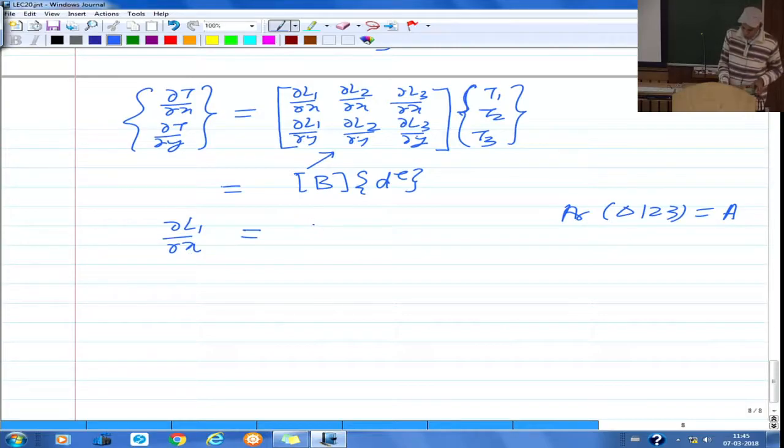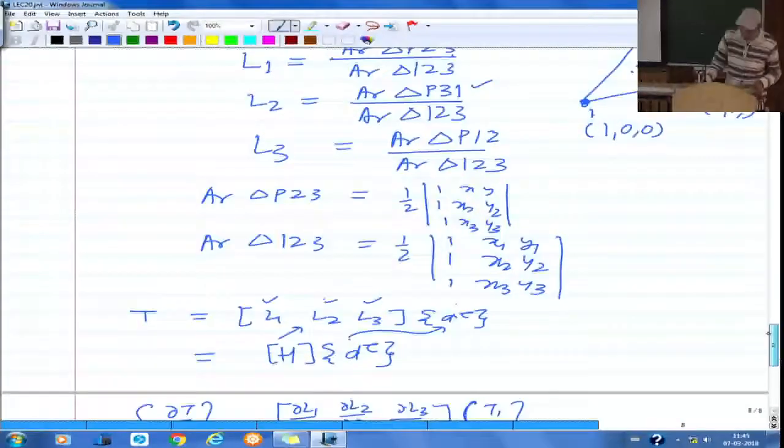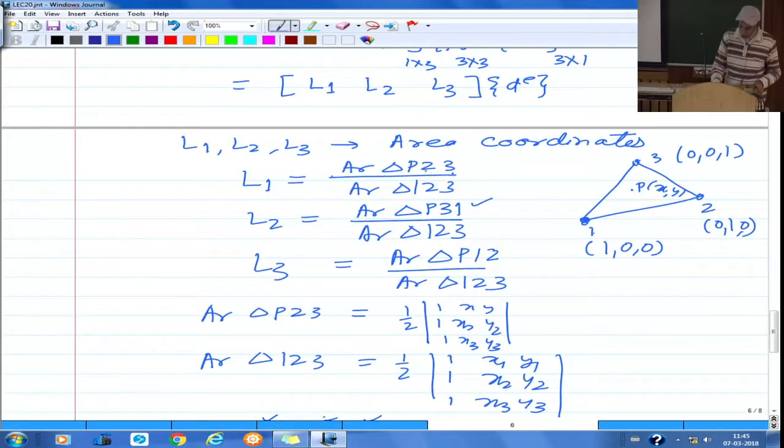Then L1 is simply going to be del by del x of area of the triangle. So, by definition, L1 is area of the triangle P23 divided by area of the triangle 123, and area of the triangle P23 is given by 1 by 2 times the determinant with rows 1 x y, 1 x2 y2, 1 x3 y3. We want to differentiate this with respect to x. In case of a matrix, the derivative with respect to a scalar means the derivative of all the elements of the matrix.